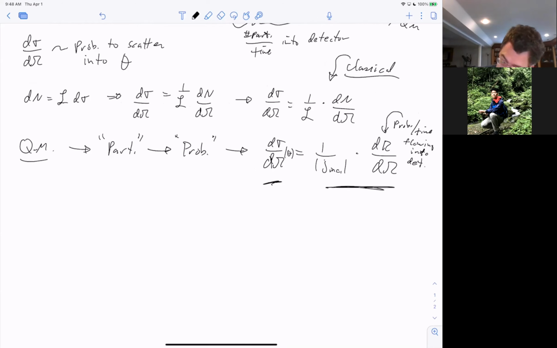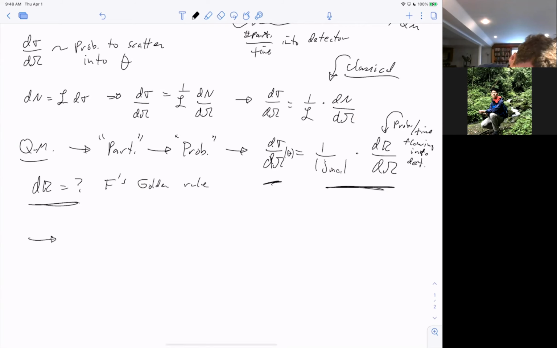So then we calculated that last time, and we set it up, and the hard part is this dR. To get that, we used Fermi's golden rule. That's what we did last time. And remember, we had this idea that we had this initial state, the momentum.